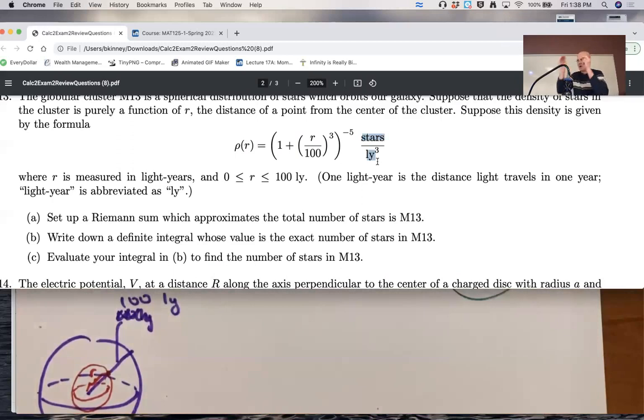Just talking about the outer part of it, not the inside, to get the approximate number of stars in the thin shell. Because that density is in stars per cubic light years. If you found the volume of the shell centered at the origin, multiply the density times that volume, you'll get the approximate number of stars.